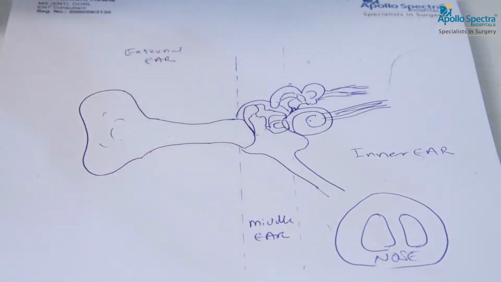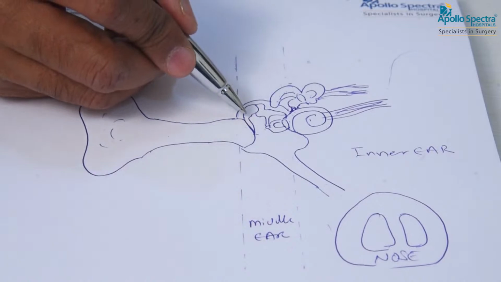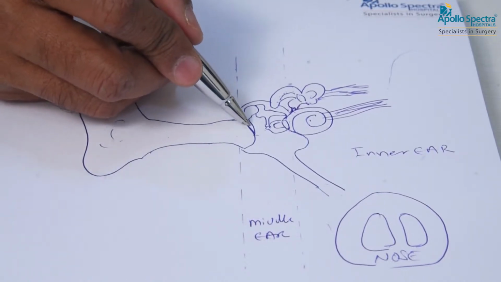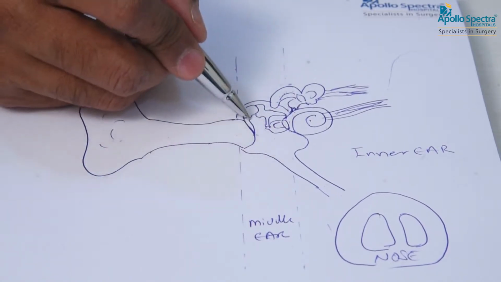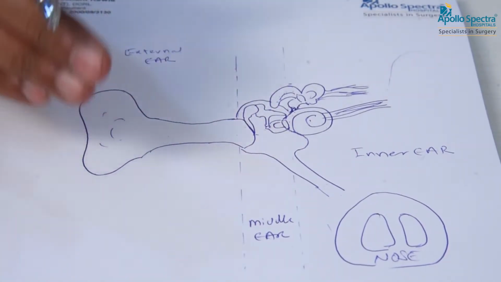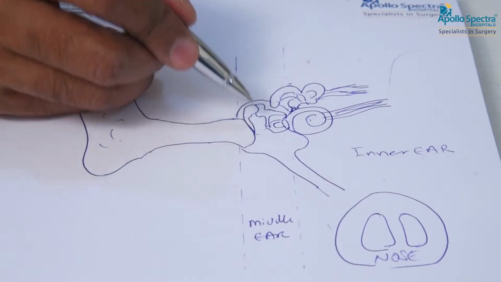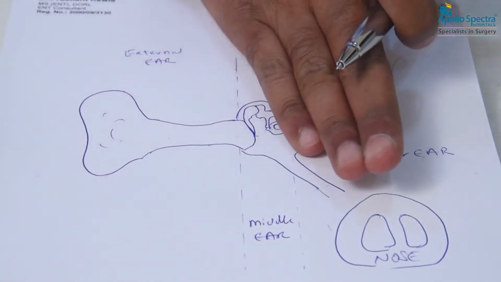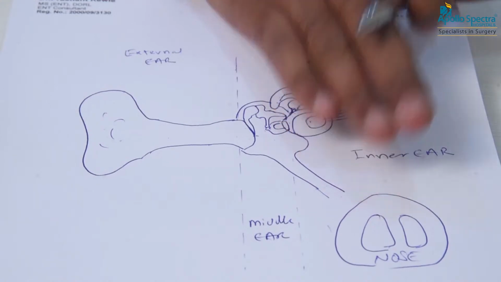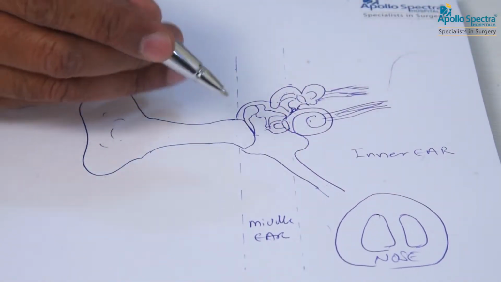Now suppose you don't have a cold and still there is a blockage, what can be the cause? This bony chain, I told you, is going to transmit the sound to the inner ear. If the bony chain is broken because of any accident, then what happens? This sound energy will not reach here and you will not be able to hear. One more thing can happen.